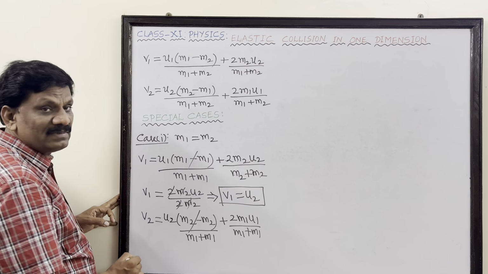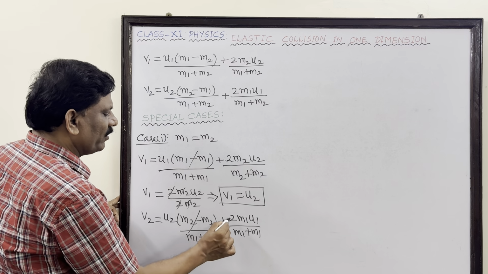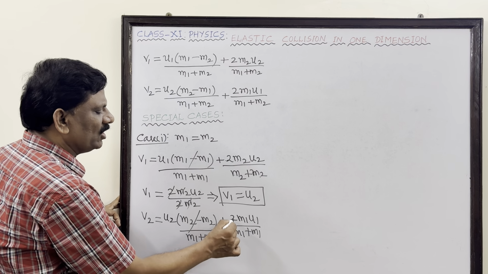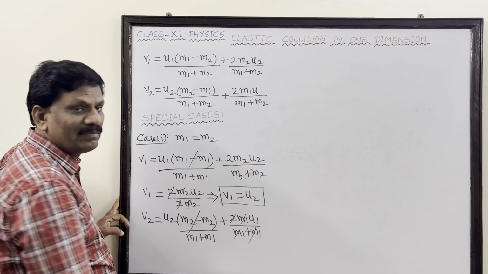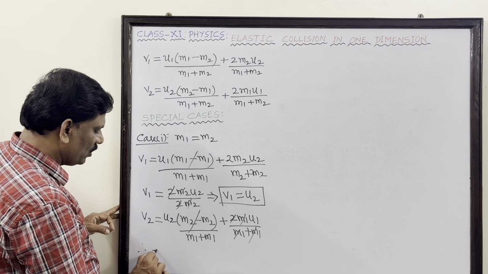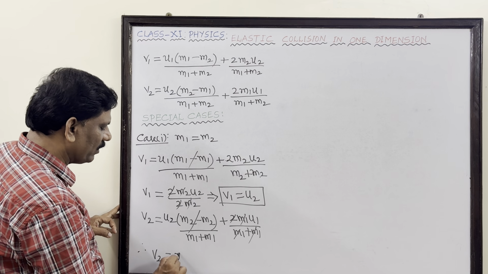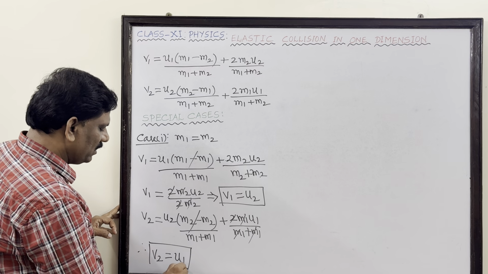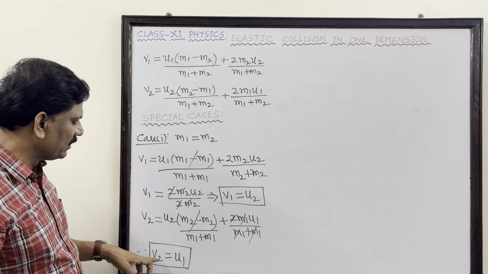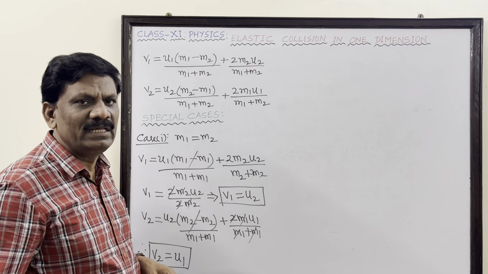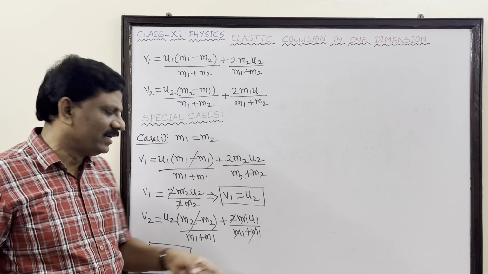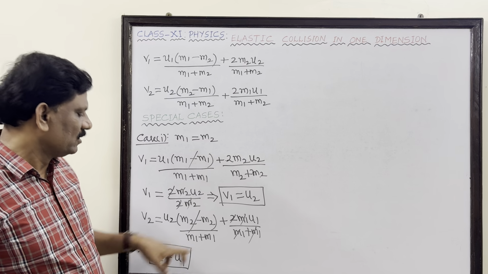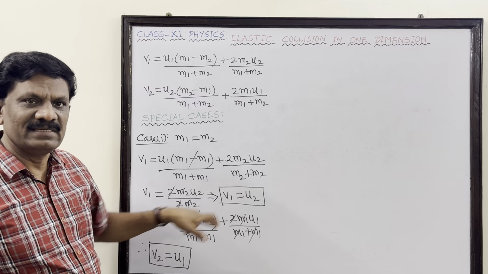So the first term will become 0 and the second term only will remain. m1 plus m1 is 2m1, so 2m1 also can be cancelled. Therefore v2 is equal to u1. So here we have shown that the final velocity of the second body is equal to the initial velocity of the first body. So it is the reverse of the first case, isn't it?